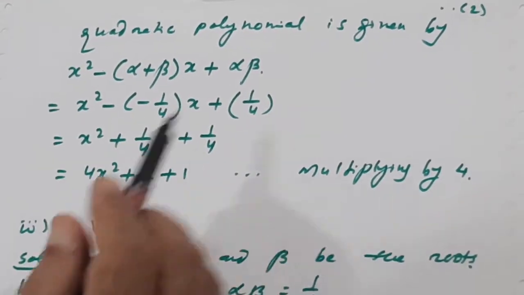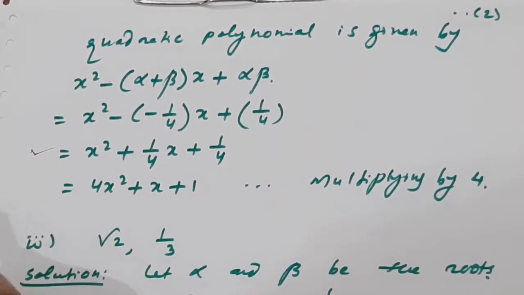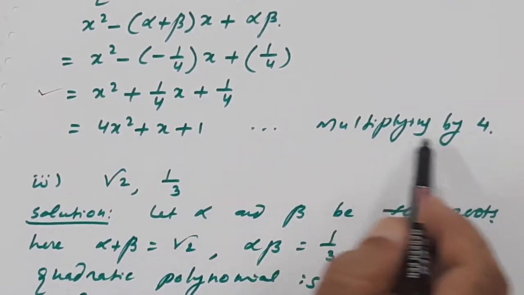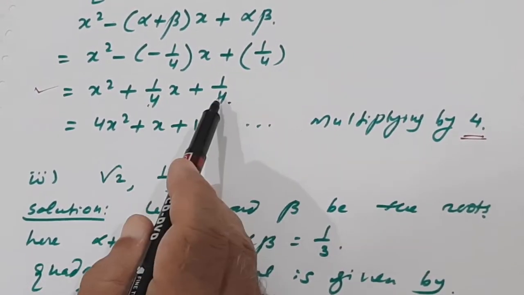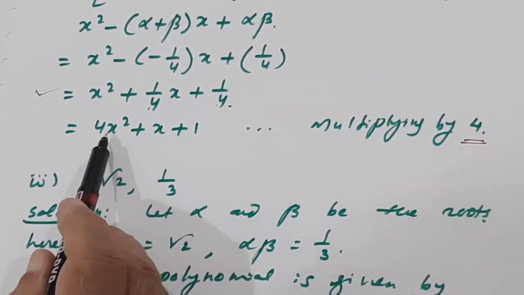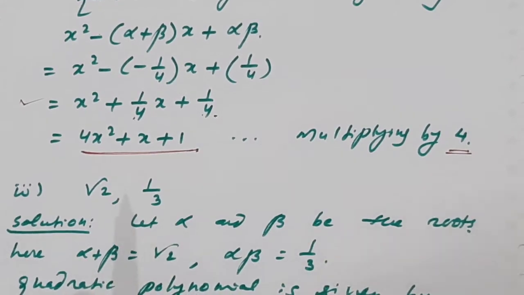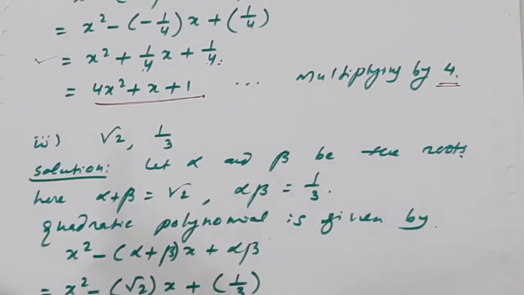You can have multiple quadratic polynomials. But as the textbook does not have this kind of answer, multiplying by 4, we have to remove this 4, by the LCM. So multiply by 4 and you will get this answer. These types of answers are given in your textbook. Otherwise you can end here also.